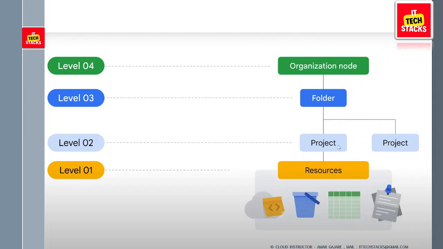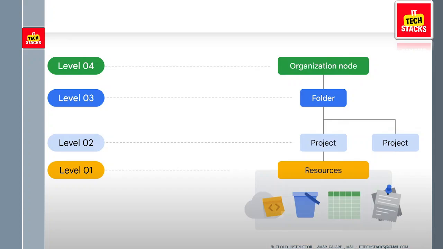There can be multiple projects placed in the folders, and this is the level. And then the top level is called the organization node, which encompasses all the projects and resources. This is the highest level that we have, the organization node. Okay, I hope it's clear, guys.